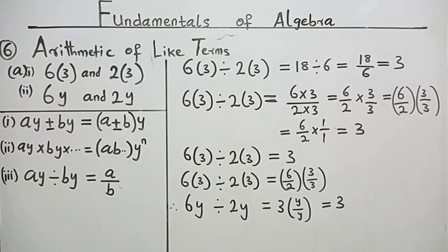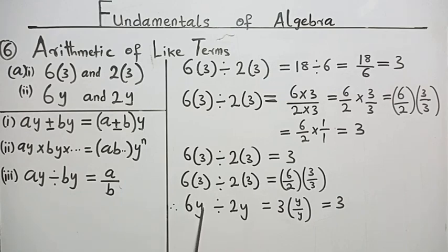Whenever a like term divides a like term, the result is always a constant. Just see. Notice that in every like term, all the different constants or the same constants quantify the same variable in the same power. See, 6 is quantifying y and 2 is quantifying y. So y dividing y will still be equal to 1.